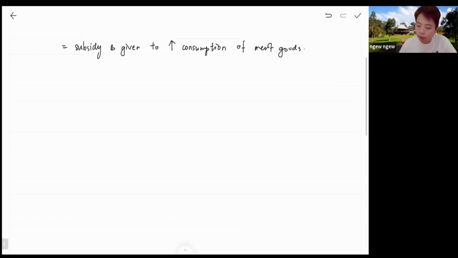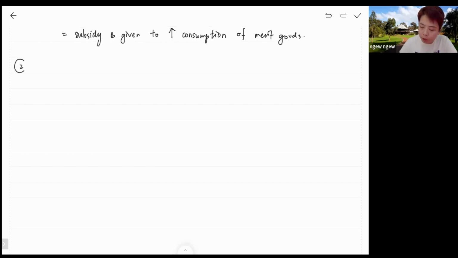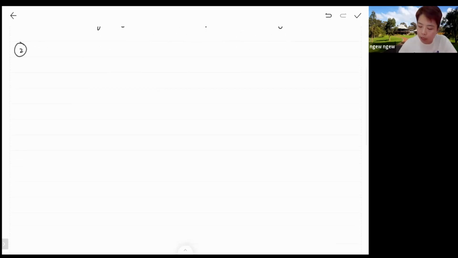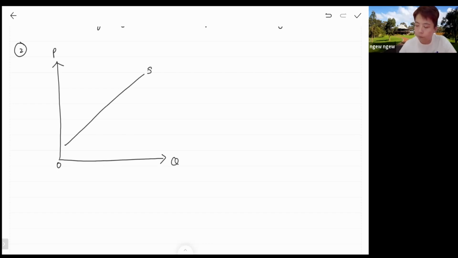Likewise, second part, we need to understand how subsidy works. Again, just like in the indirect taxes video, this is the original supply curve. Originally, when you ask firms to supply 10 units, for every unit they might be asking for 20 bucks.